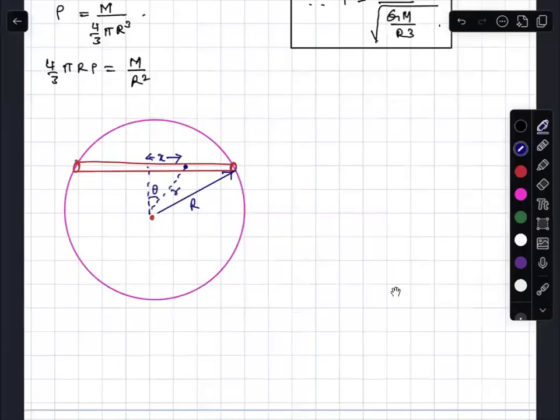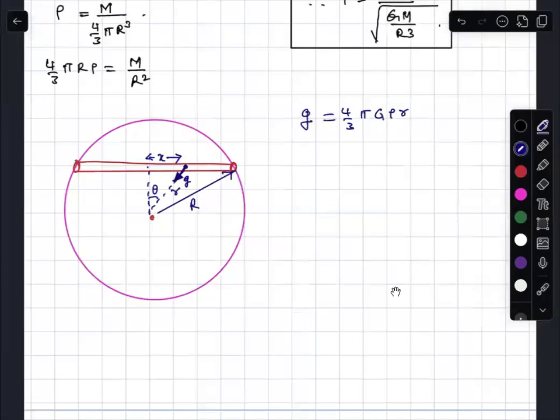Remember, this point will experience acceleration due to gravity towards the center of the earth, which can be given as g equal to 4 by 3 pi G rho r.